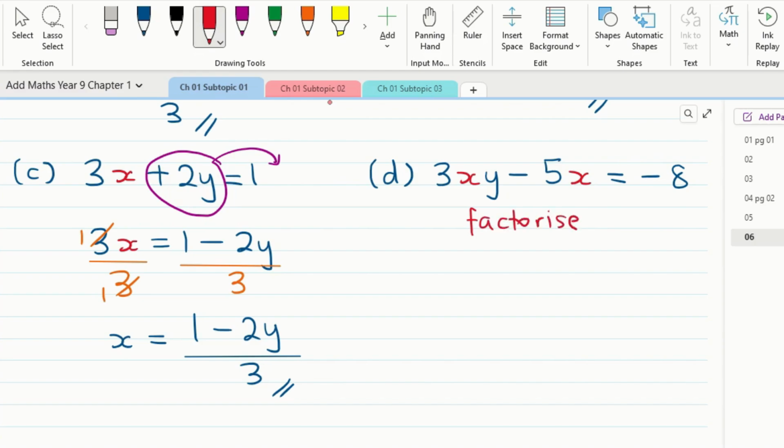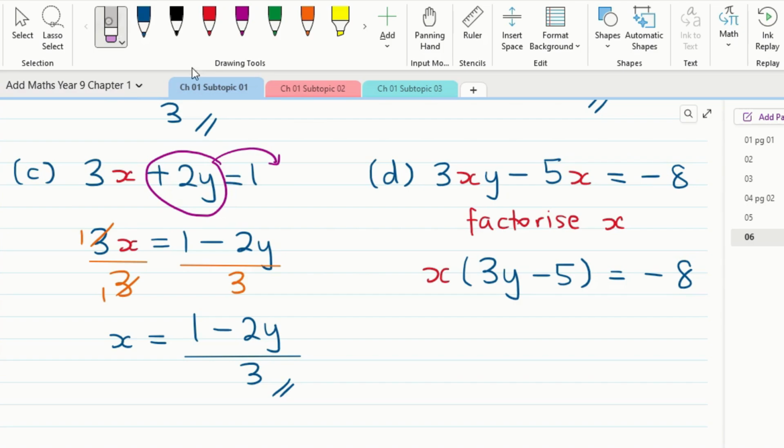You can factorize x by taking out x. So the x will be factorized, and then inside the bracket is going to be 3y minus 5. So there you have it. You can actually make this into a single x.